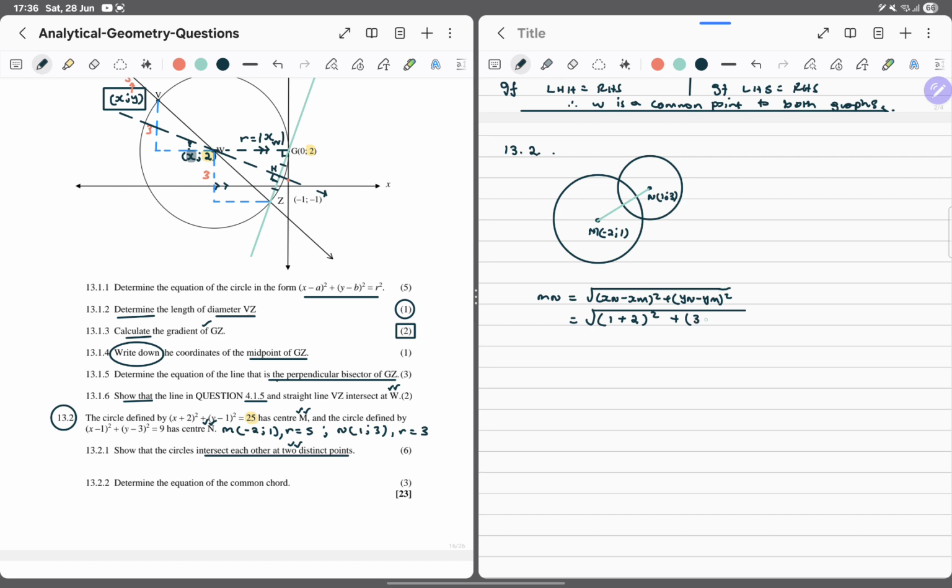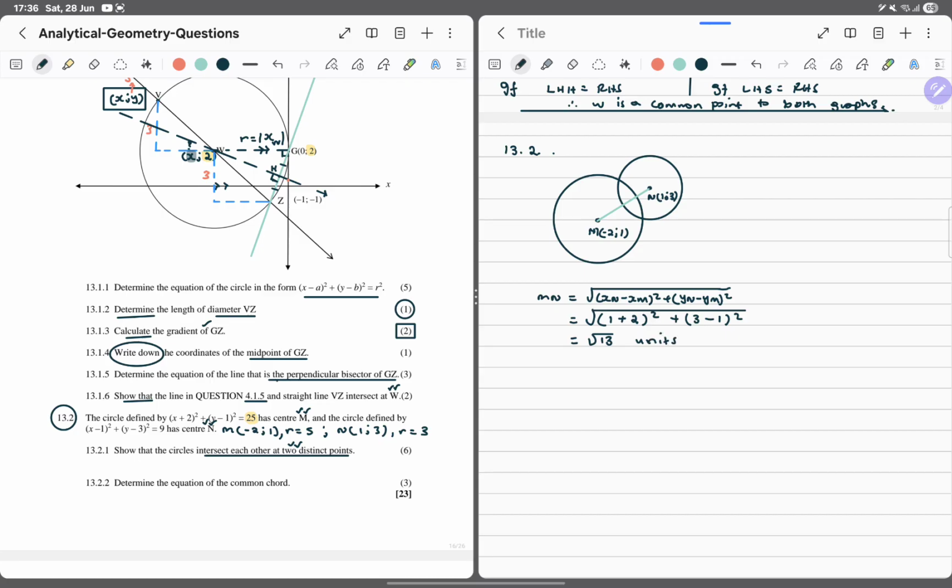This is 3 minus 1, all squared. Let's see, what do we have there? So that's going to be 9 plus 4, which is 13. So this is basically square root 13. It's irrational.